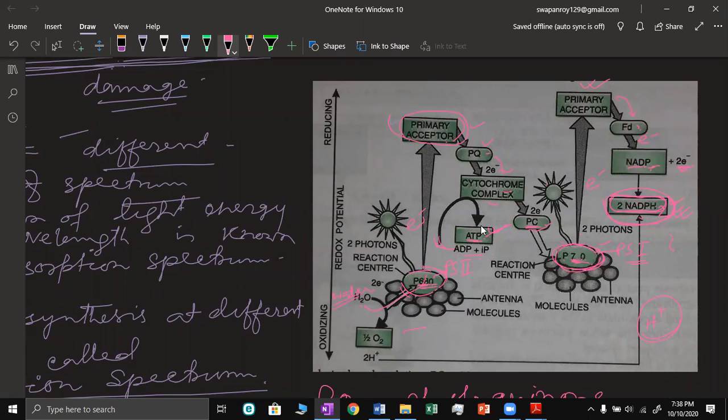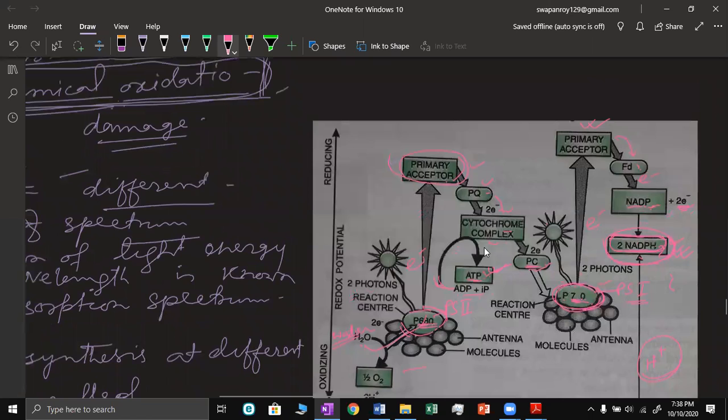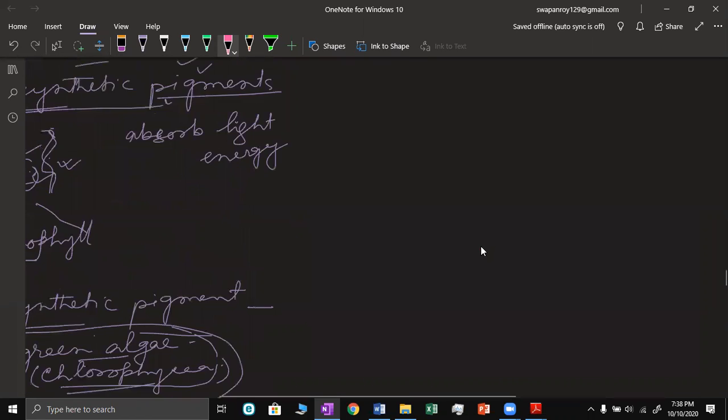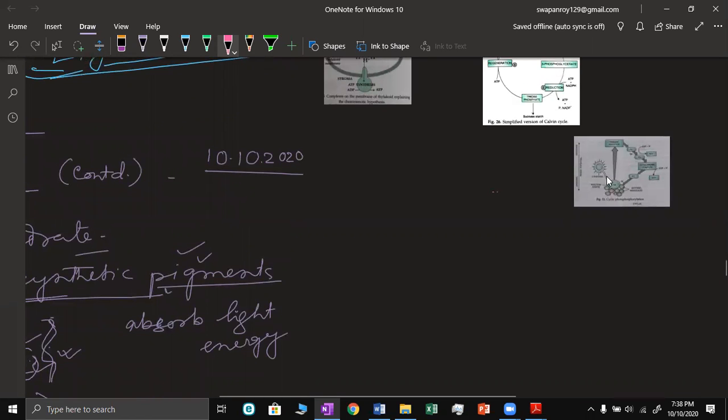So in the light reaction, there is another system for the synthesis of ATP, and that is called cyclic photophosphorylation.